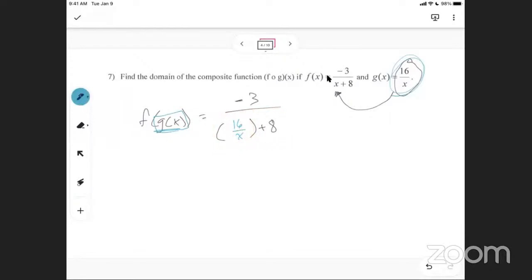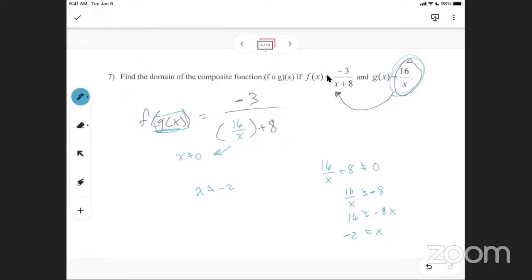So we're going to set 16 over x plus 8 equal to 0 to find out what that is, and we're also going to say from this one that x can't equal 0. So 16 over x equals negative 8, -8x equals 16, just doing regular algebra here, and x equals -2. So x can't equal 0, and x can't equal -2.